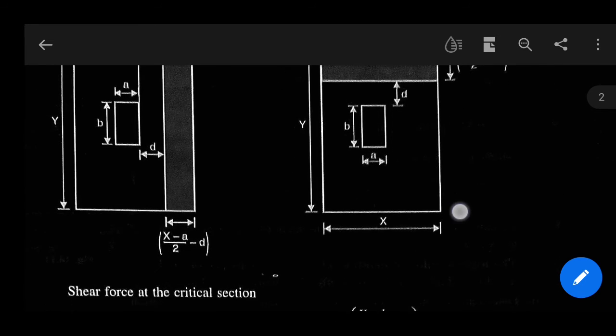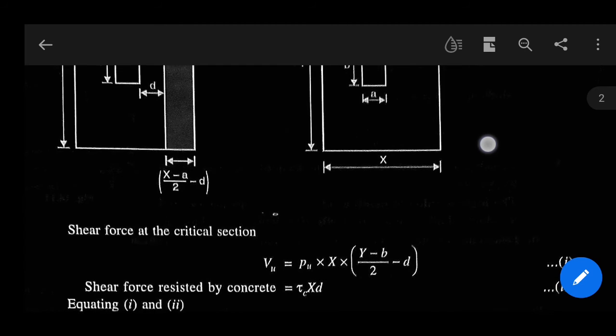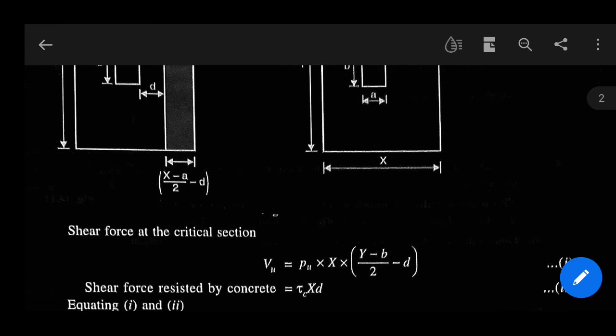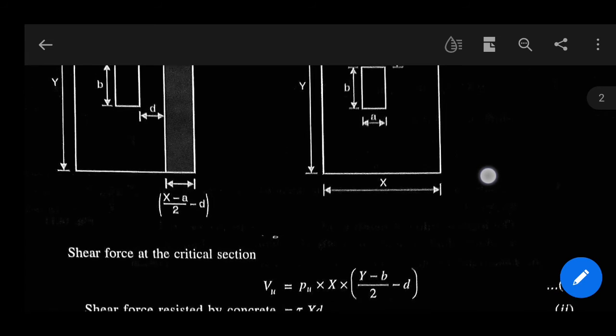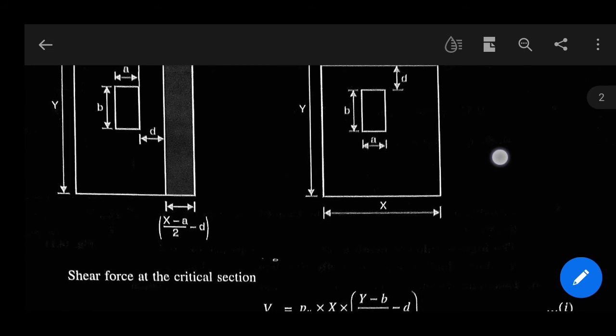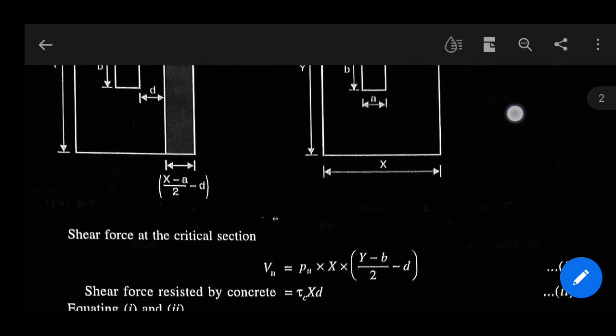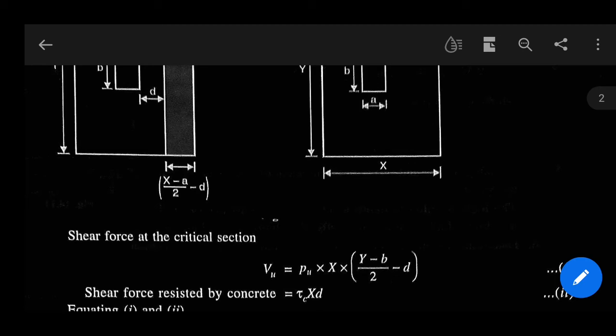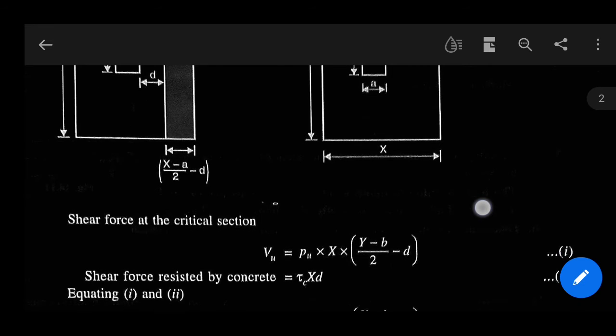So shear force at critical section, Vu, is equal to Pu into X into (Y minus b by 2 minus d). This equation is used when one-way shear acts through shorter direction, and in case of longer direction this X and Y will be interchanged, right?